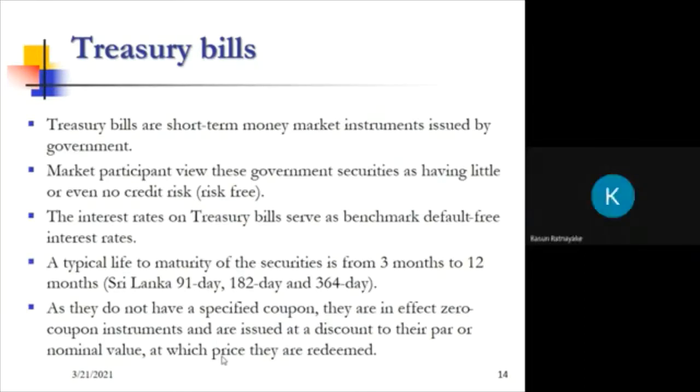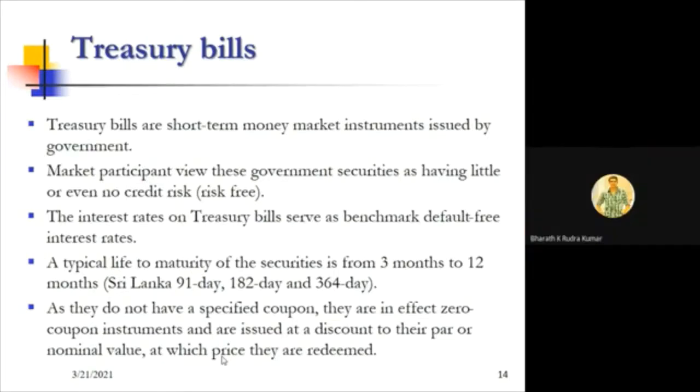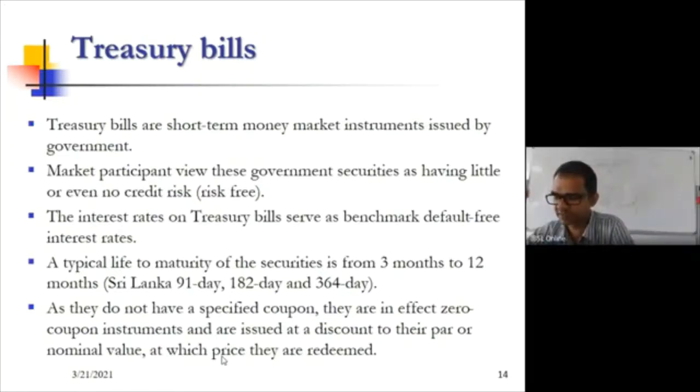It's a fund raising instrument for the government, for a short-term period. Yes, treasury bills are issued by the government. What does it mean? The ultimate obligation is with the government.